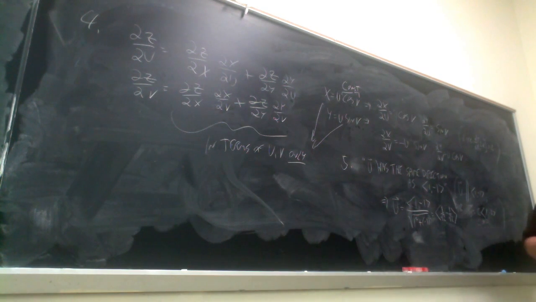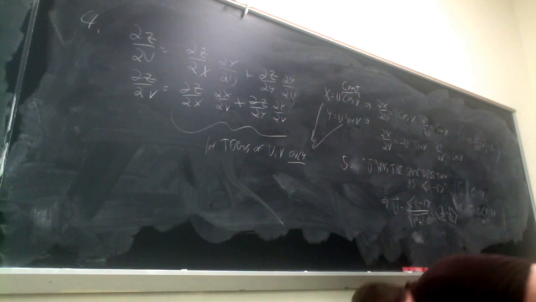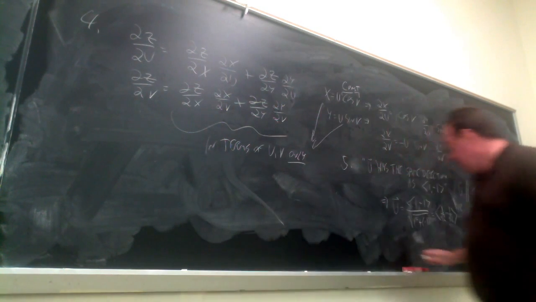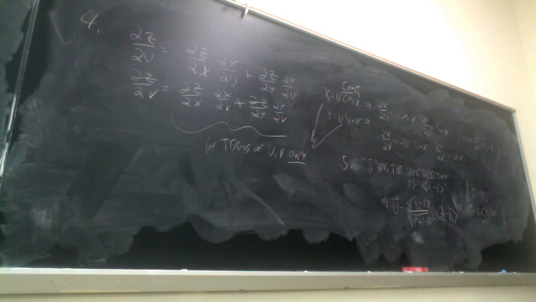Okay, this is why I wrote on the board, read the dang directions. So then you go ahead and take the gradient vector and take the dot product with this.